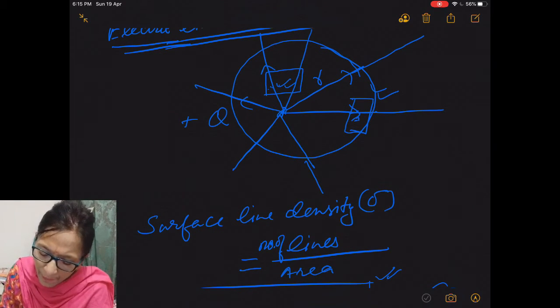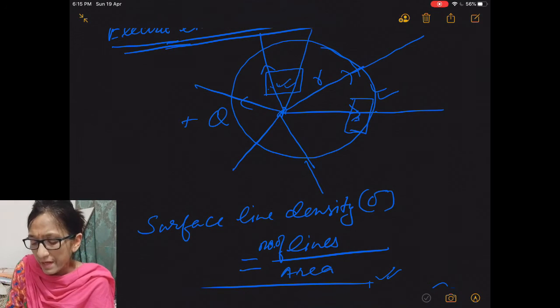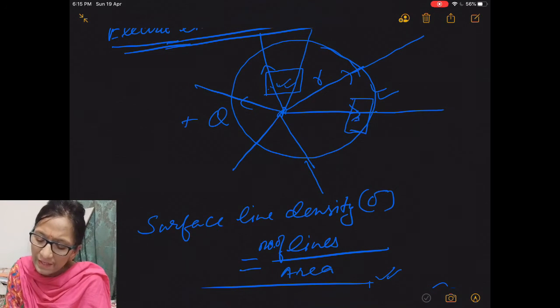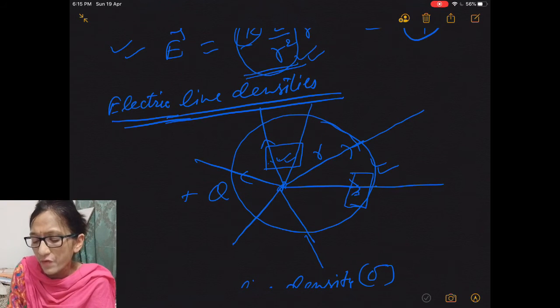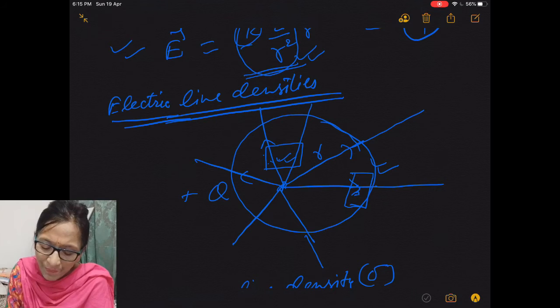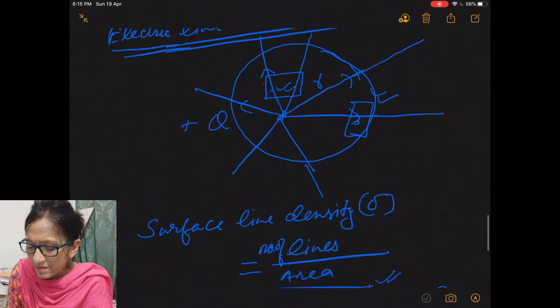So you compare electric field by comparing electric field line density. So relative density of electric field lines also tells you about the strength of electric field at that very point.